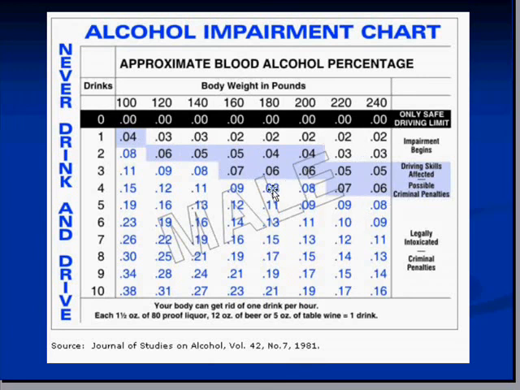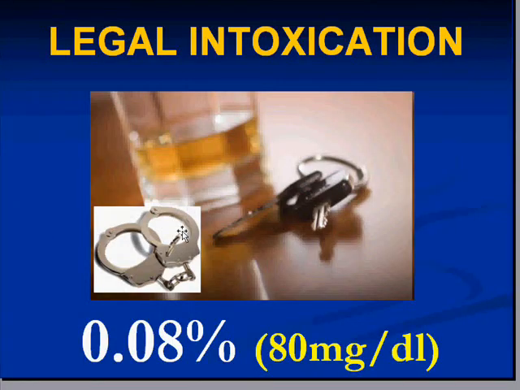When you get to about 0.08% or 80 milligrams per dL, you're talking about legal intoxication. I think some states have a little bit higher than that. Most states are 0.08, so I want you to remember that, because the terminology and the units are always confusing.